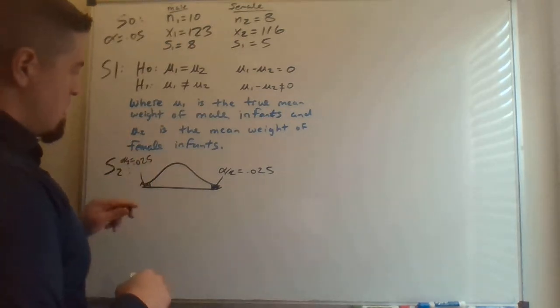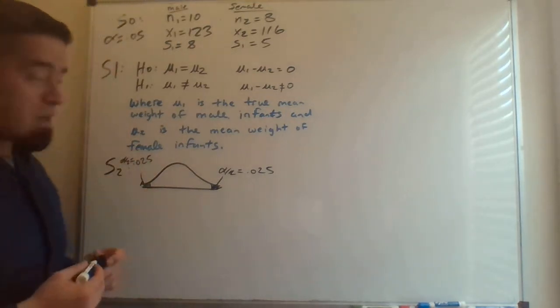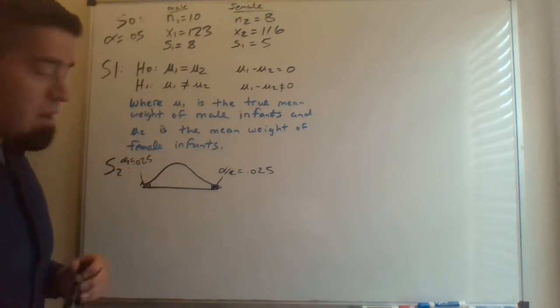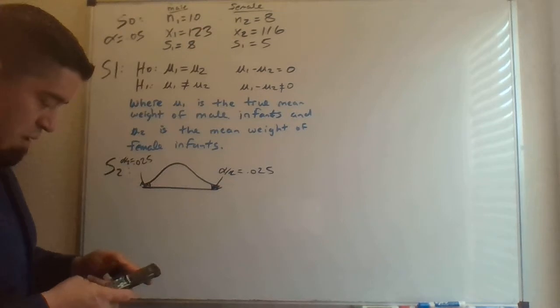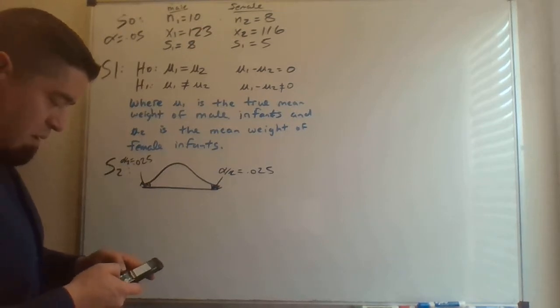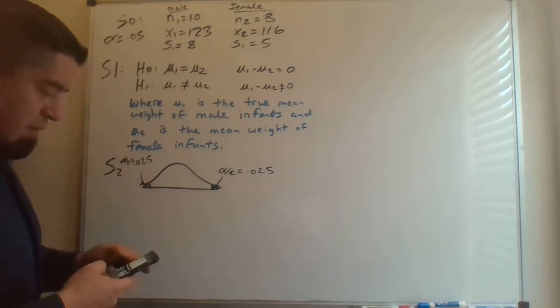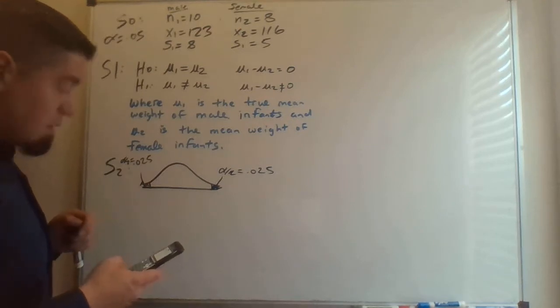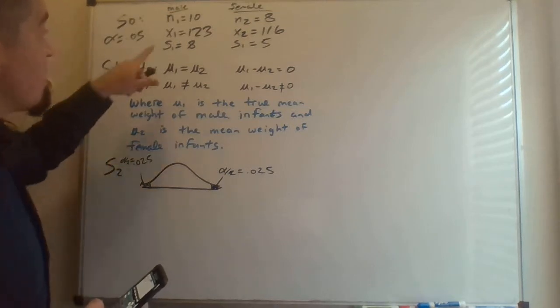So that means I need to look for the score at 0.025. I prefer using a calculator for this, so I'm going to use inverse t, because we're talking about the t-test, because we have a sample.